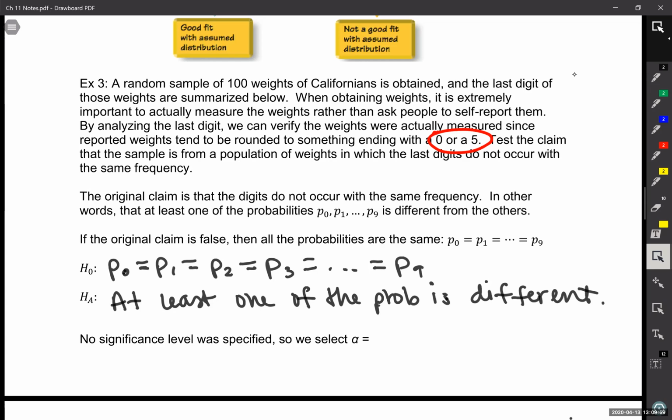For significance level, we always select alpha is 0.05, 5%, when nothing is given. So a lot of similarities to chapter 9. And here we start seeing the differences in the calculations.